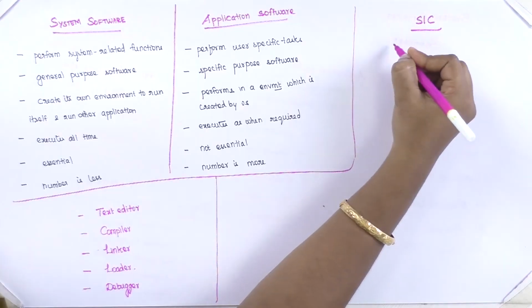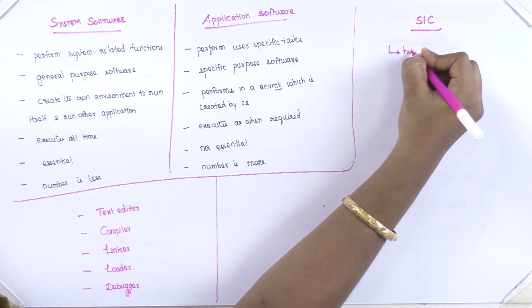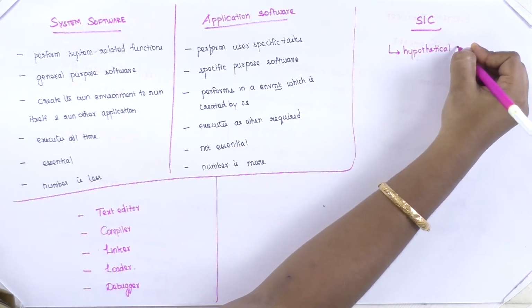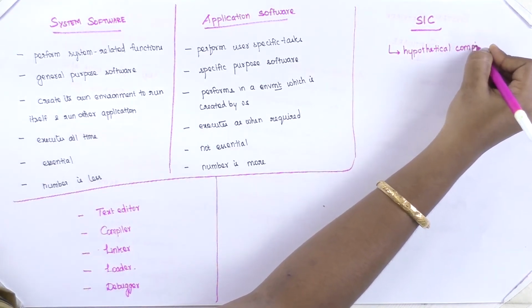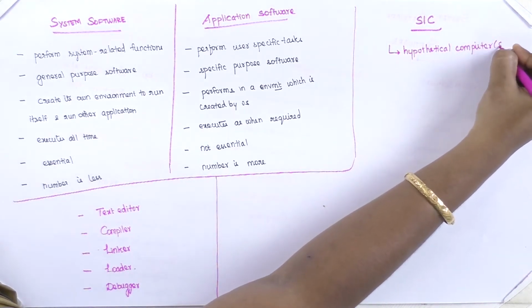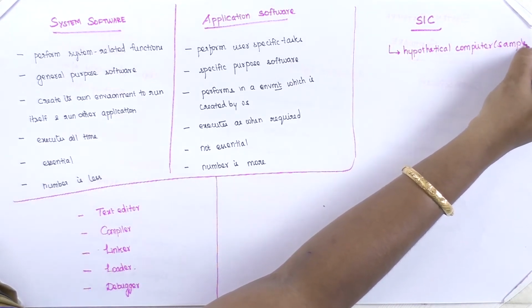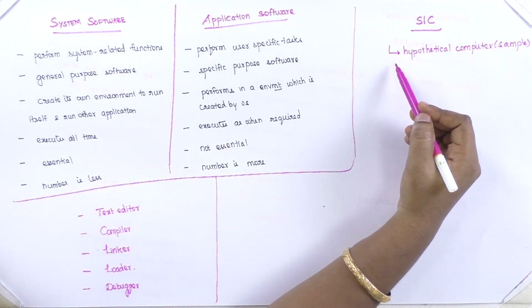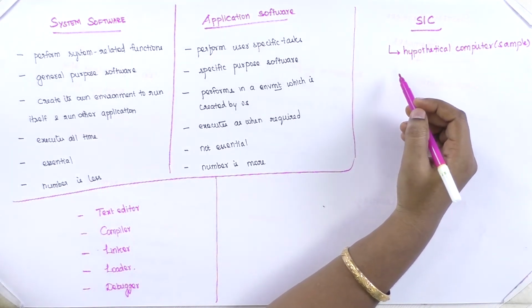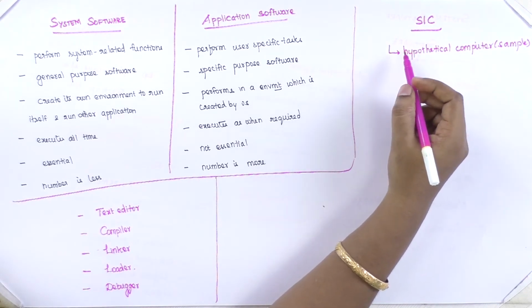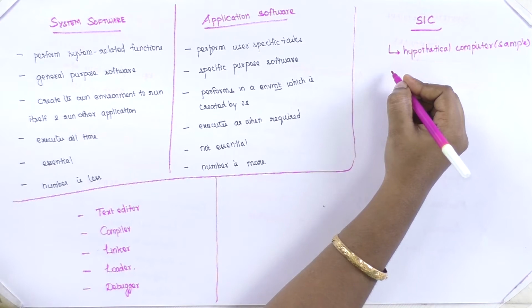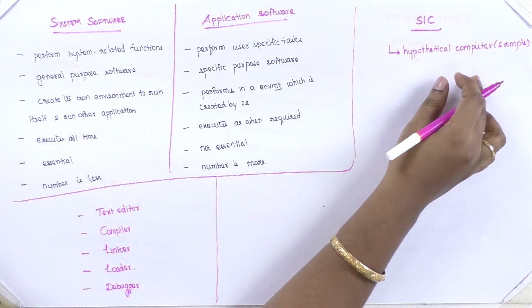SIC stands for Simplified Instructional Computer. It is a hypothetical computer, a sample computer which has been designed to include hardware features most often found in many computers. SIC is an idiosyncrasy of different features in different machines.